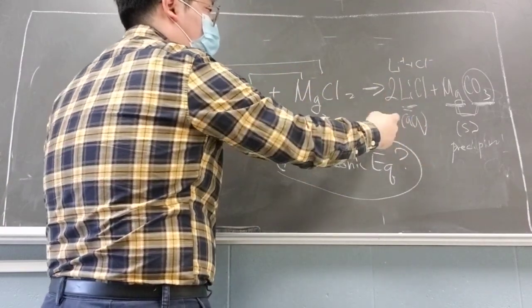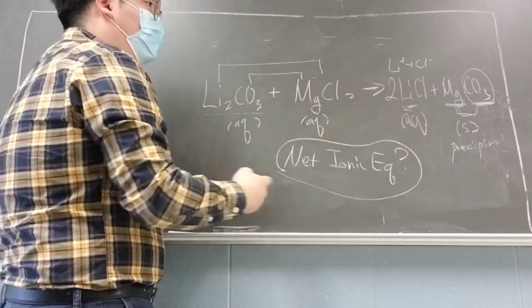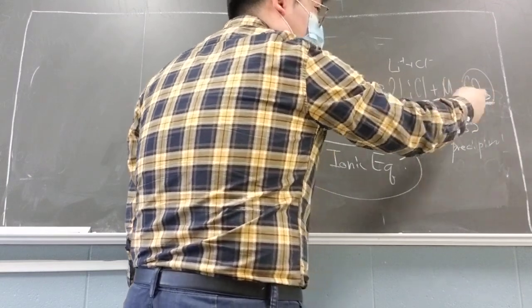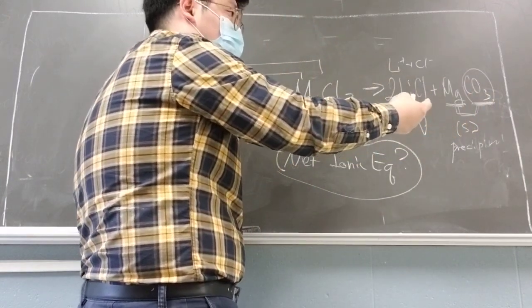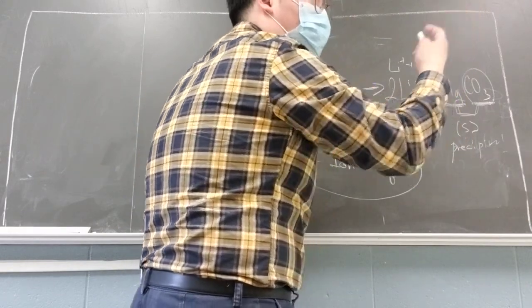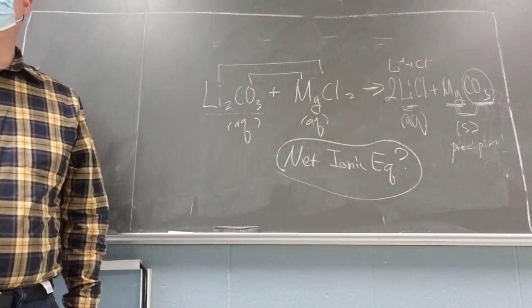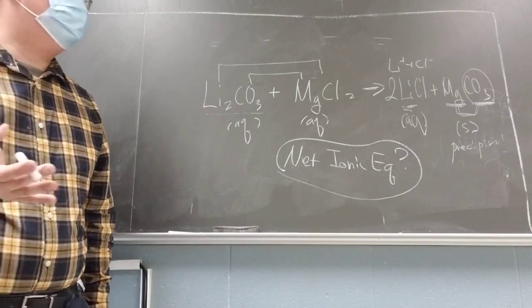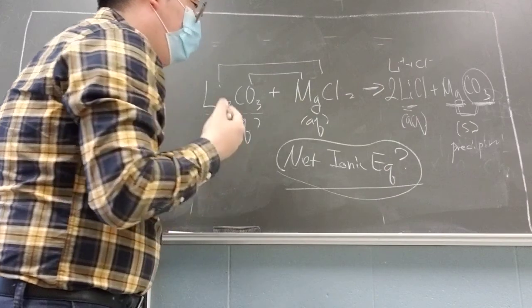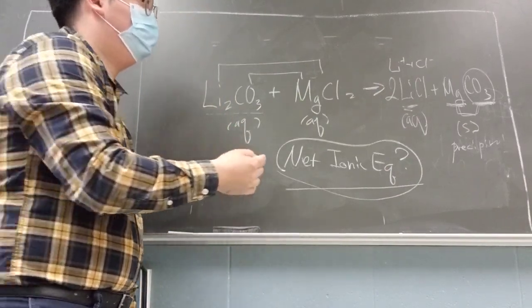For our convenience, we just put them together as aqueous there. But for this one, it's totally different now. They're not in the aqueous phase anymore. They become solid. They come out from the water, meaning water cannot surround this compound combination. So this is the one that actually did the chemical reaction, because these two didn't do anything.